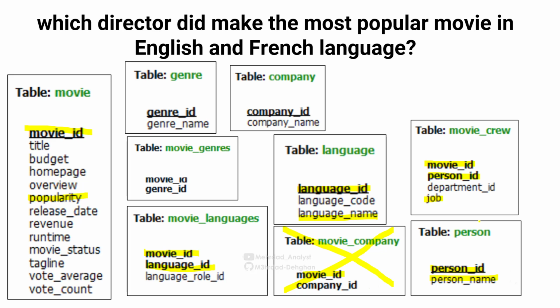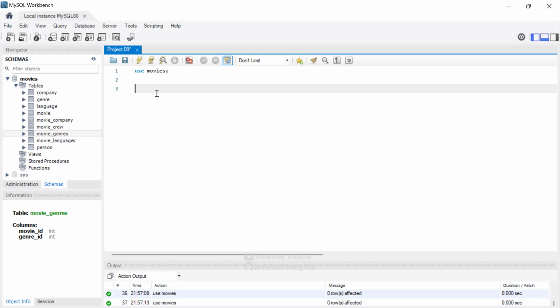Let's answer this complicated question. So first of all, I should select, I just put the select here without do anything, from the movie. I want to begin with movie. So first I should make a connection between movie and the movie crew to find the person.